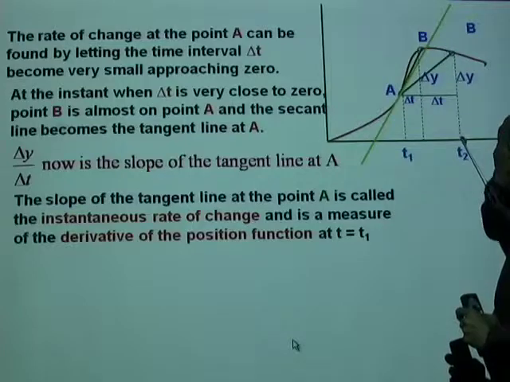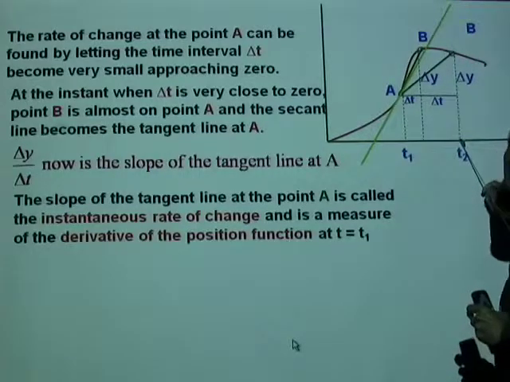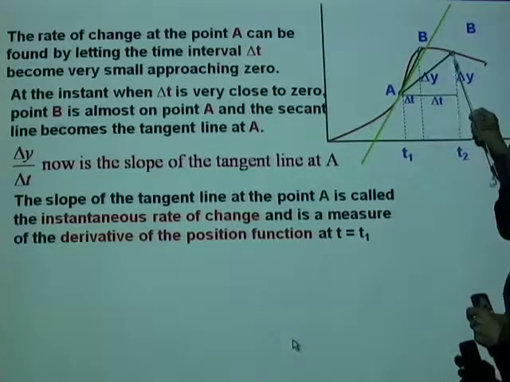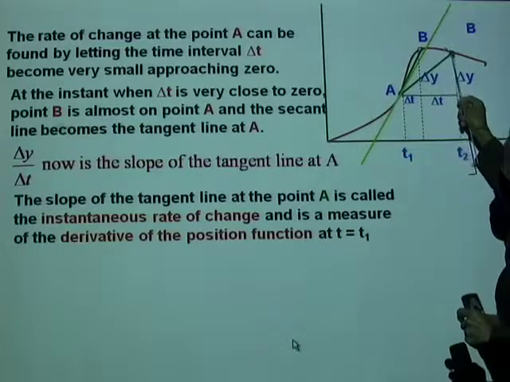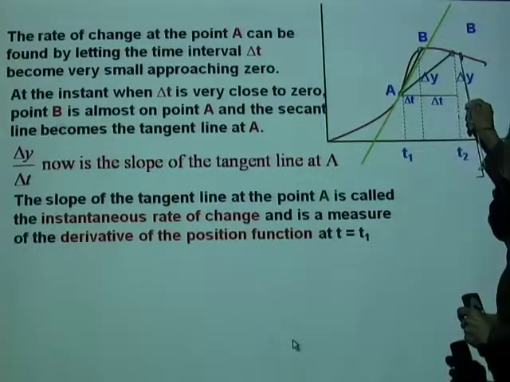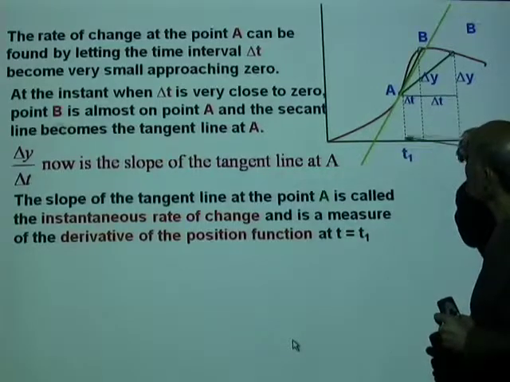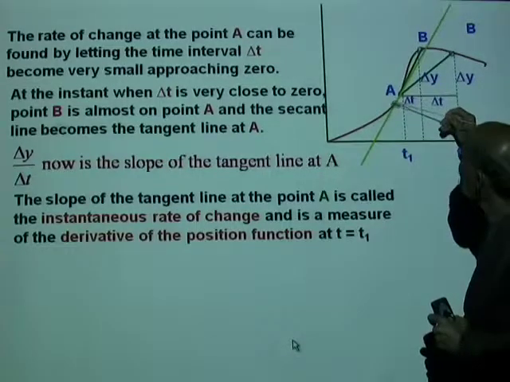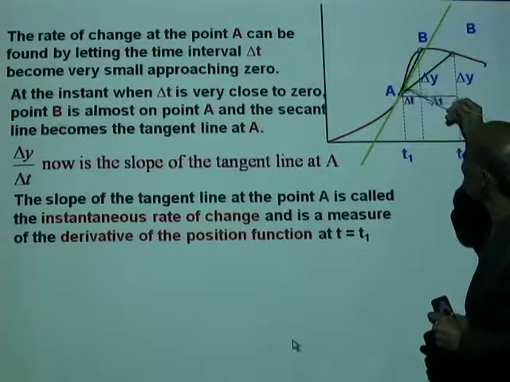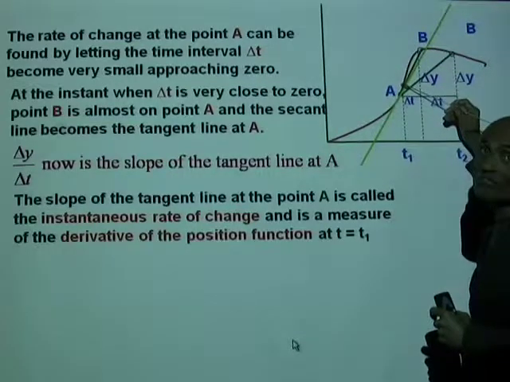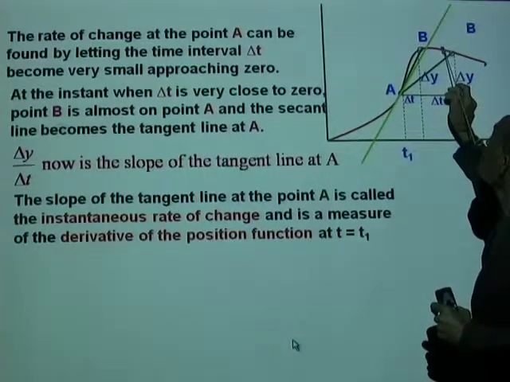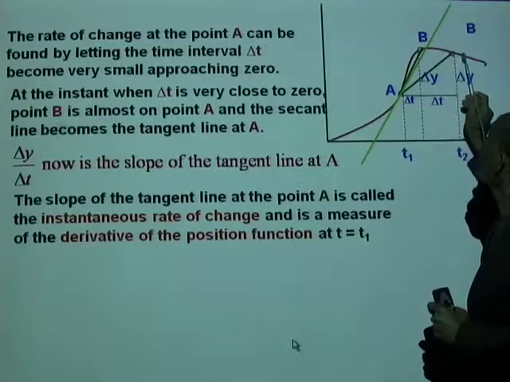What is the rate of change at the instant t equal to t2? It is the slope of the tangent line at the point B. Now, if you are watching my pointer here, you can see the slope of the tangent line at A is positive. The slope of the tangent line at B is negative.